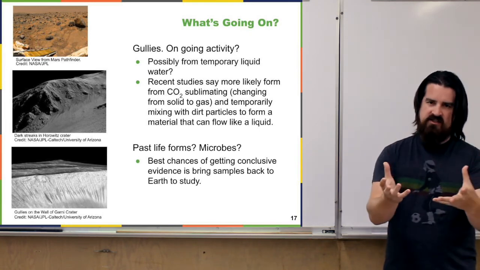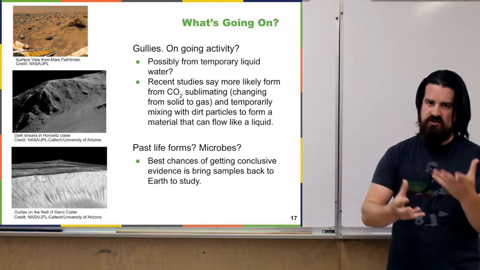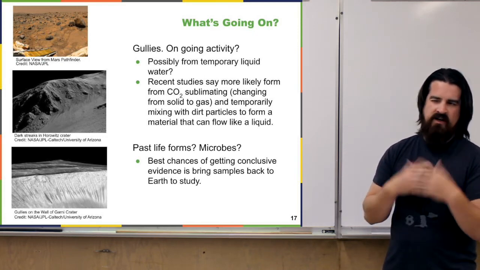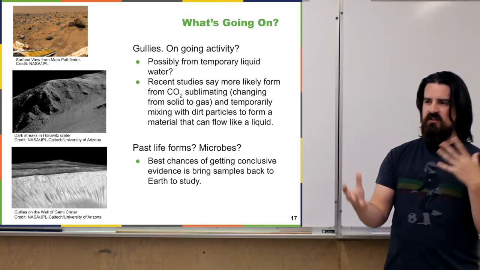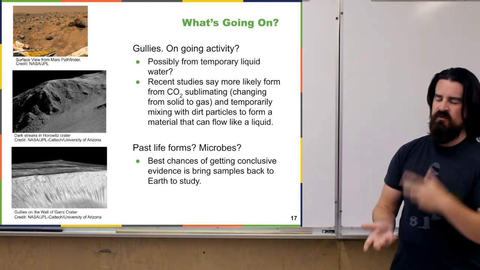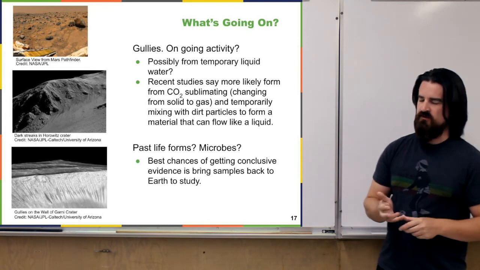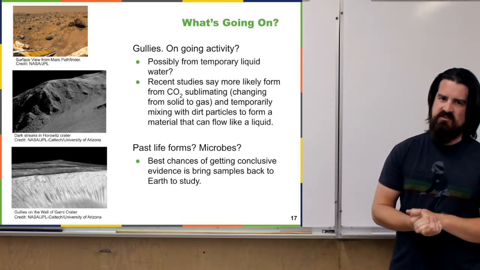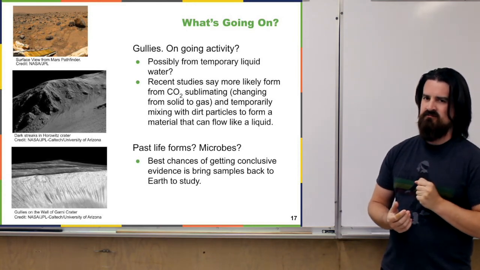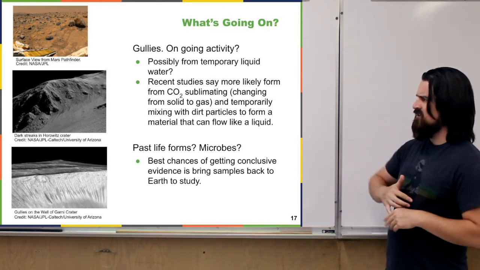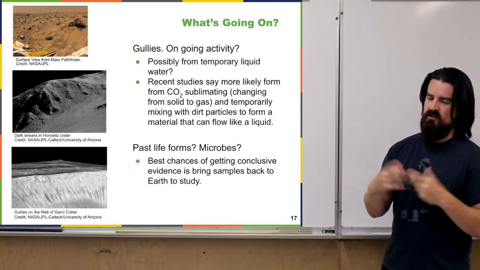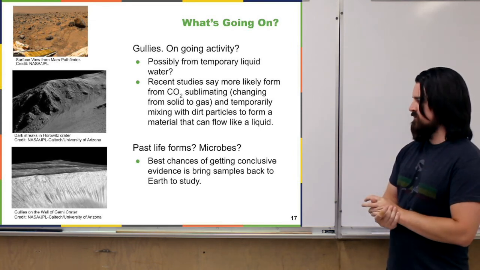We've tried sending rovers there that have instruments to try to detect if there's life, and there are ways of going about trying to see if there's things like respirating, other things that are taking in energy and transforming it. None of those have really been successful, which is why currently at least it still seems like the best chance is going to have to bring some Martian rocks back and really study them. I think there are ideas to do that now, and most likely from the places where we think that there was a substantial amount of liquid water at points.